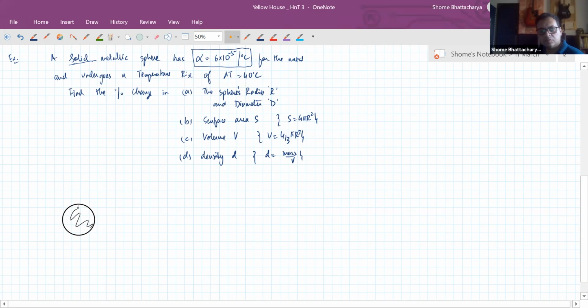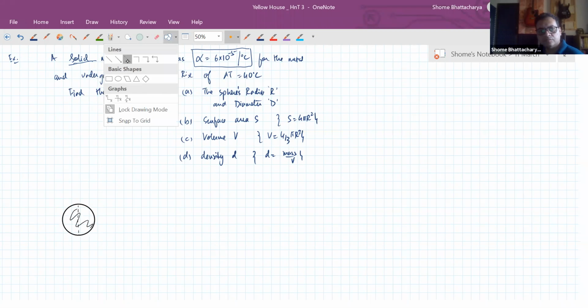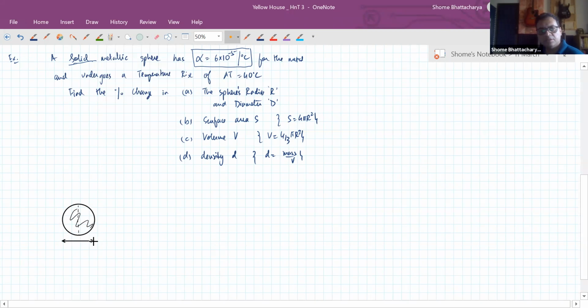So the diameter of the sphere, which is twice the radius, diameter d and radius are linear dimensions.